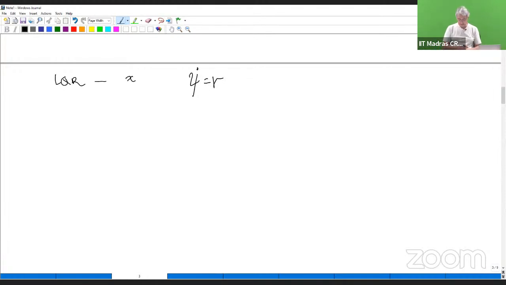So in order to write this in a very uniform manner, I'm going to call this variable X. And R, I'm going to call U. So in this case, what do I have? The derivative of X is U, right?